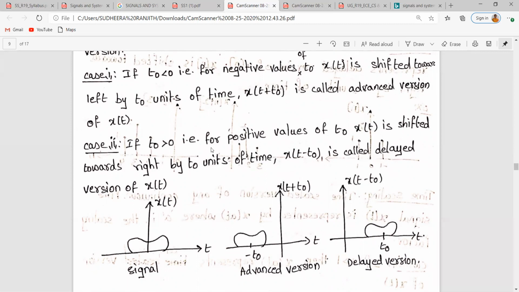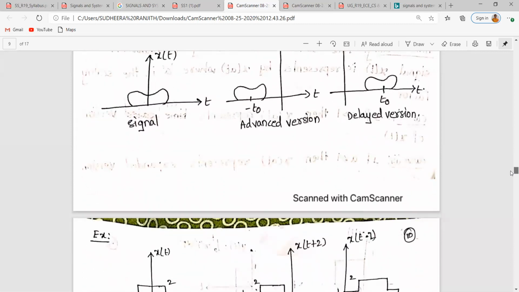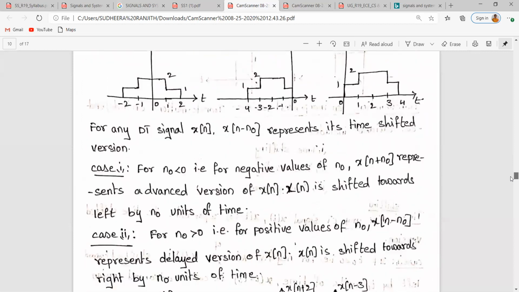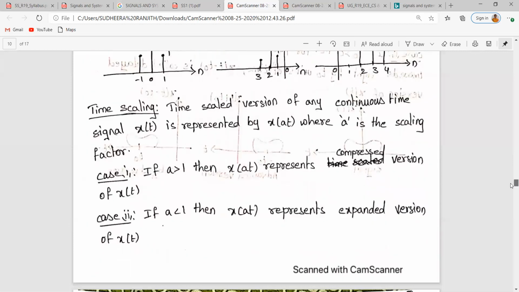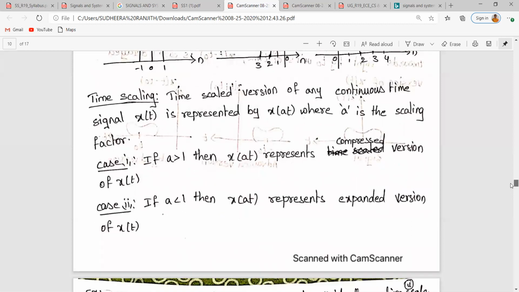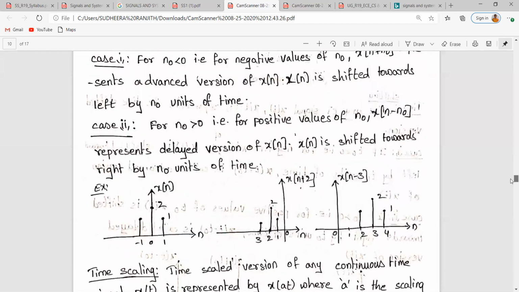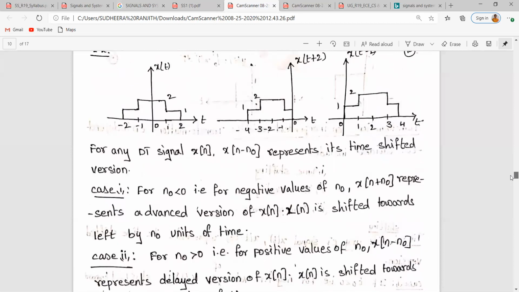In the second case, when t naught is positive, it looks like x of t minus t naught. There the signal is shifted towards right by t naught units of time. We have seen some examples, and similarly the same holds for discrete time signals. For discrete time signals, x of n minus n naught is the time shifted version.